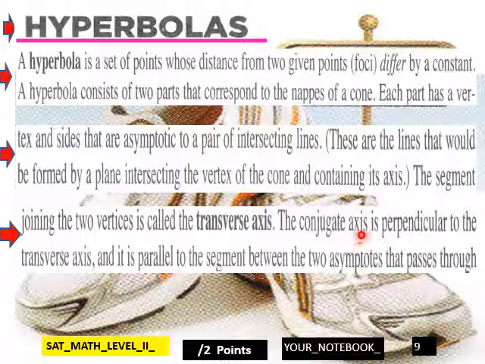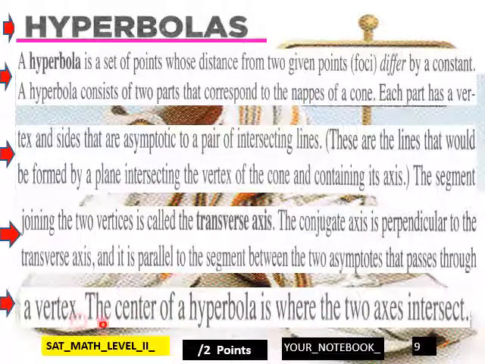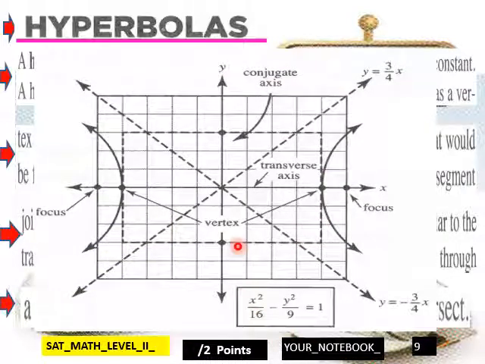The conjugate axis is perpendicular to the transverse axis, and it is parallel to the segment between the two asymptotes that passes through a vertex. The center of a hyperbola is where the two axes intersect, so that would be right here. This is your transverse axis.